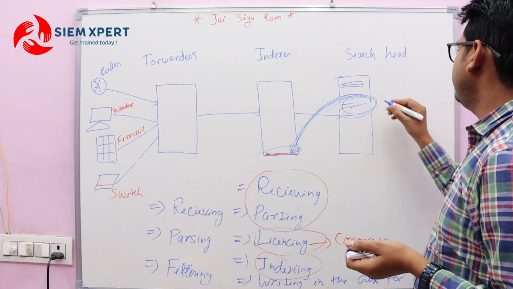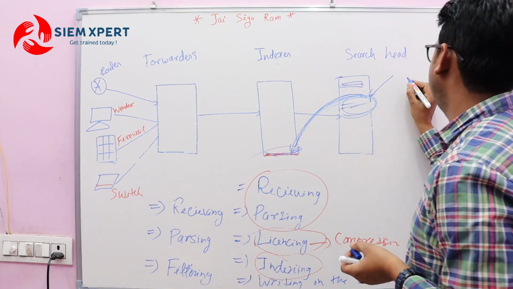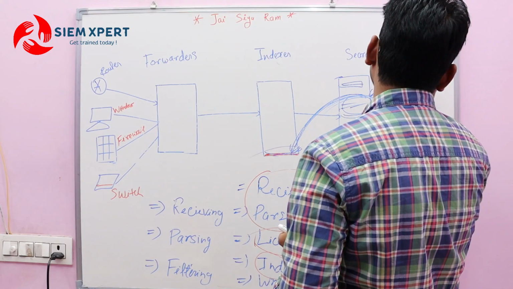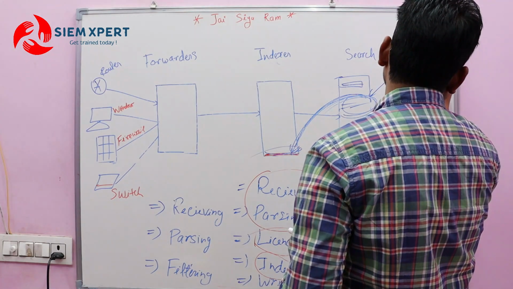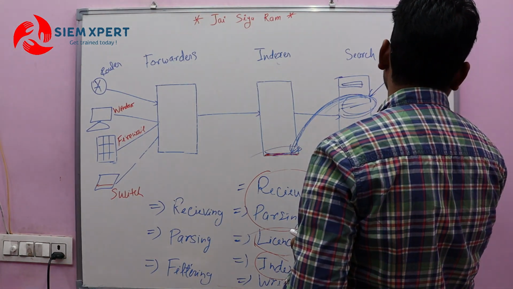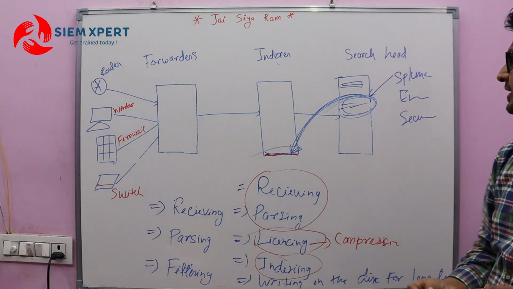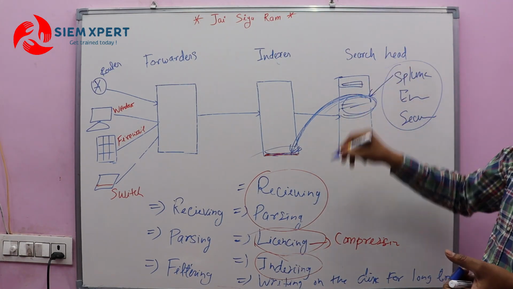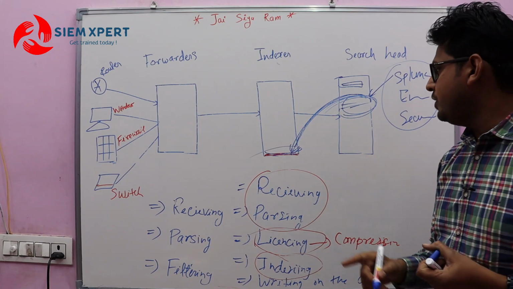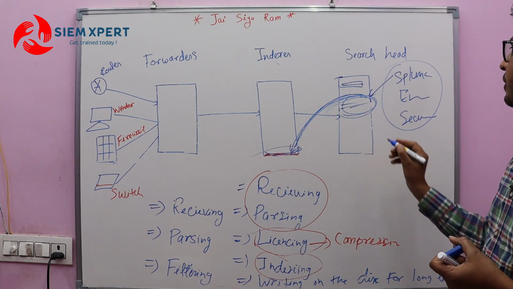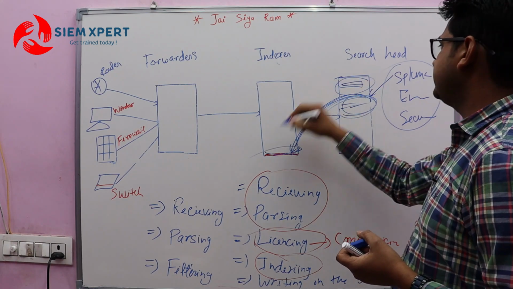So in order to do that, you have one more app, called Splunk Enterprise Security. Splunk Enterprise Security is a separate, premium application. You don't have to deploy it on a separate server. What you can do is deploy Splunk Enterprise Security over the Splunk search head only.